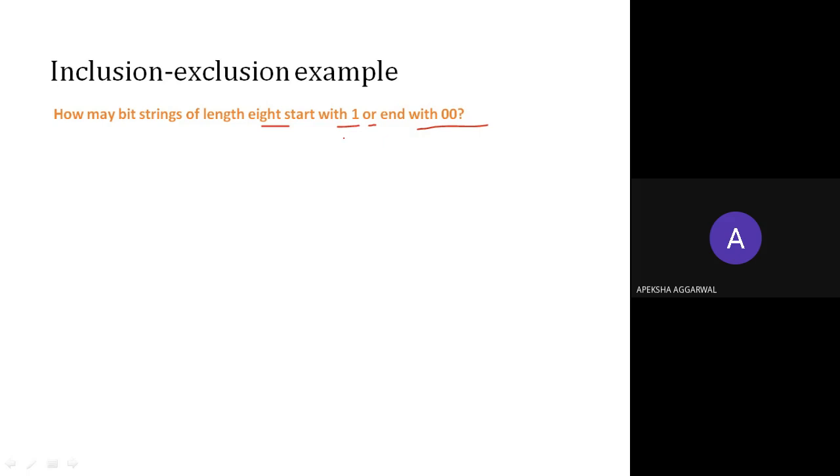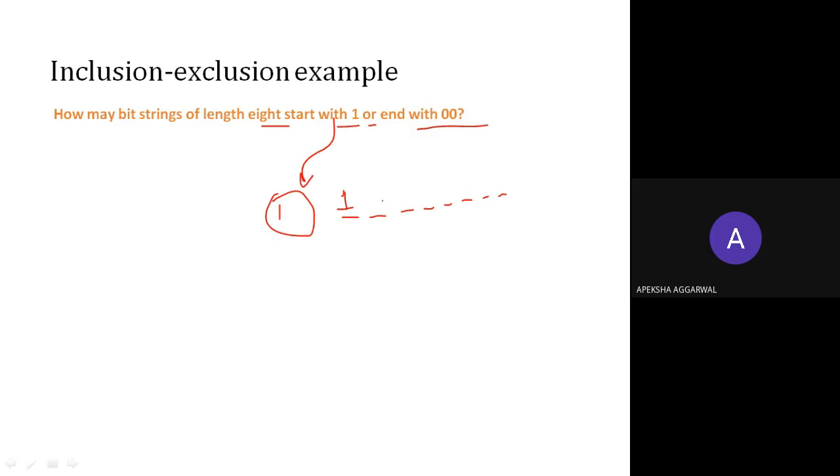Can you tell me how many bit strings of length 8 are starting with 1? So you have 8 positions. Now this position is fixed. So how many possible combinations of bit strings starting with 1?